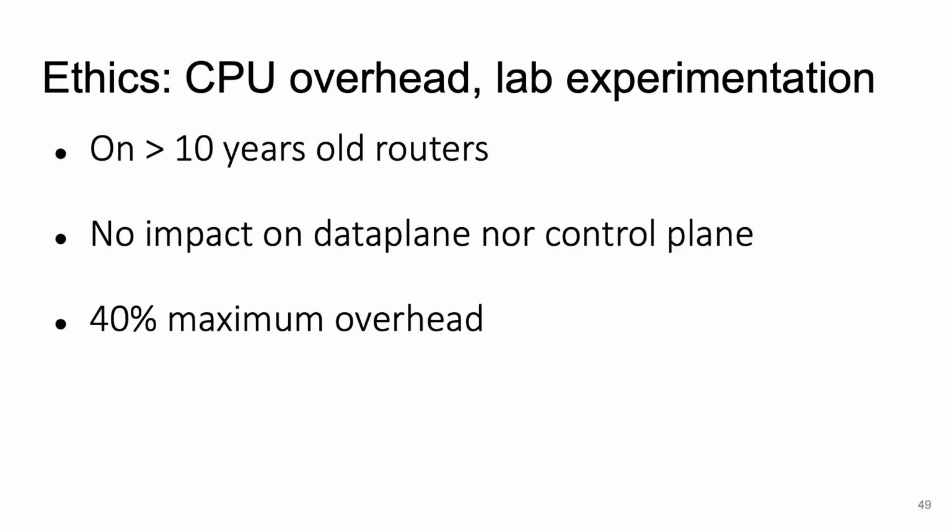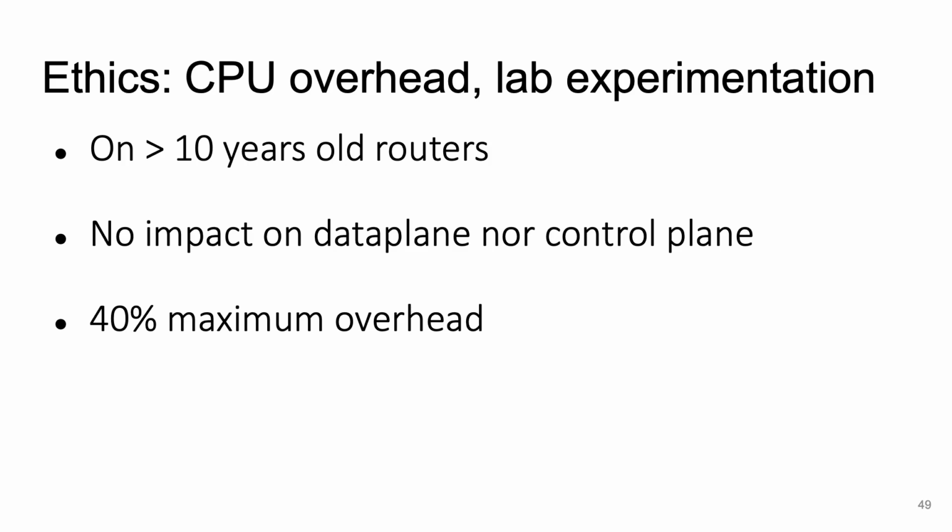The second thing that we have done is our own experimentation in a lab environment. We've performed CPU monitoring as well as data plane and control plane monitoring on more than 10 years old routers, to be conservative. What we have observed is that we had no impact on the data plane nor on the control plane.